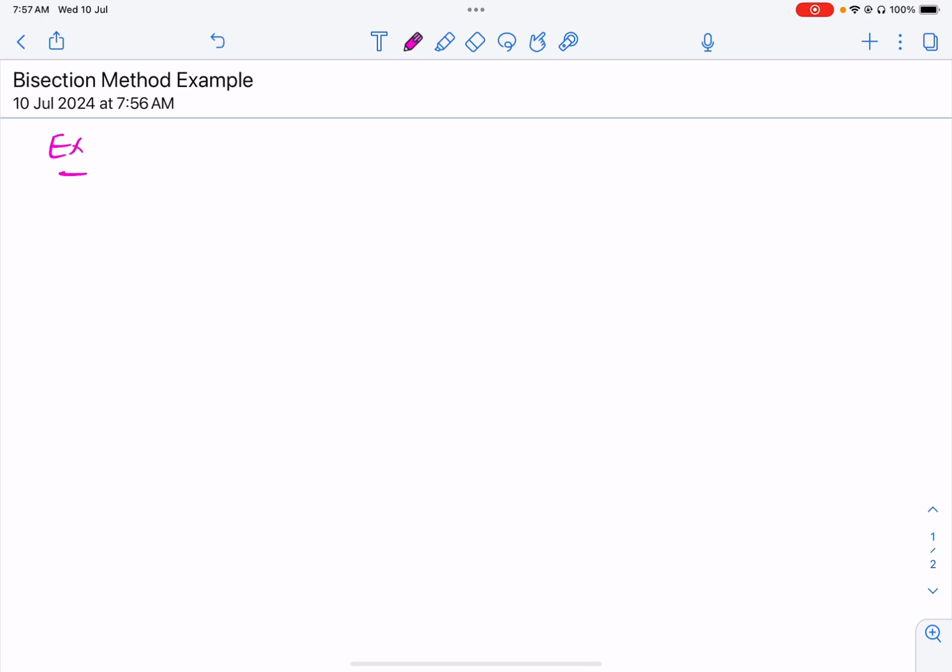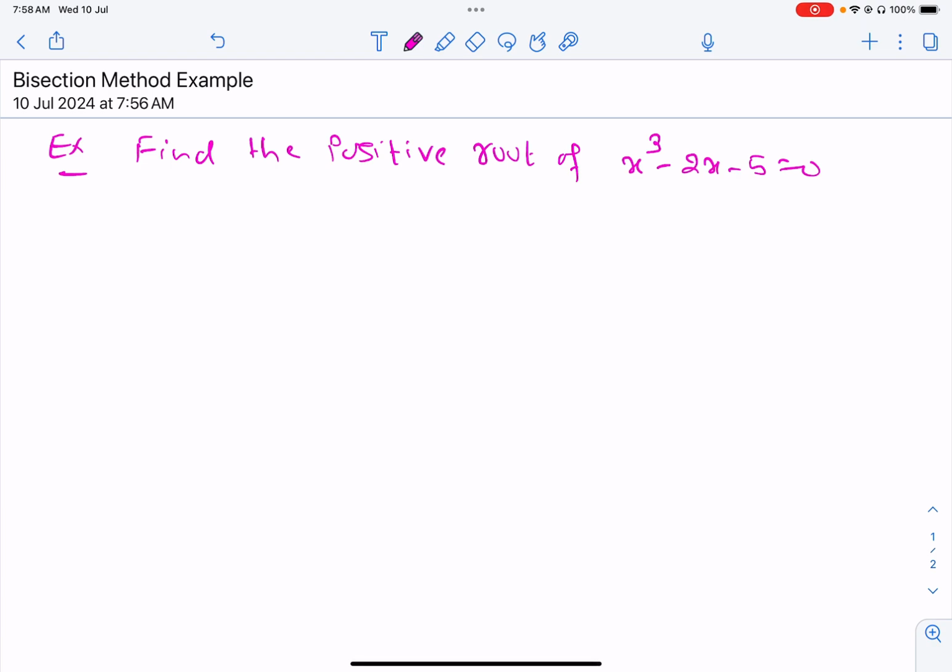So, find the positive root of x cube minus 2x minus 5 equal to 0, correct up to 2 decimal places.